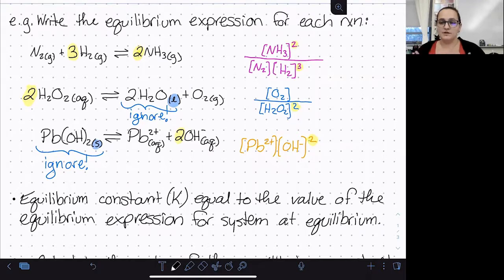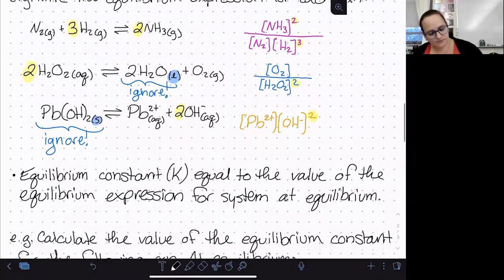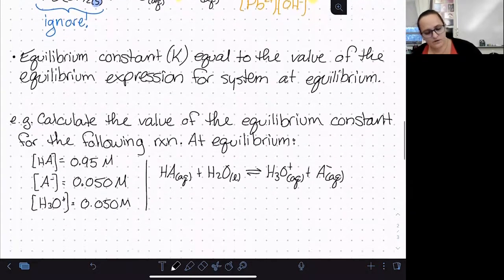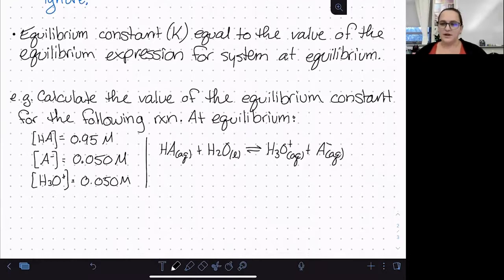So if we know concentrations of all of our reactants and products at equilibrium, we can actually calculate the value of K. So why don't you take a minute and try to do that?